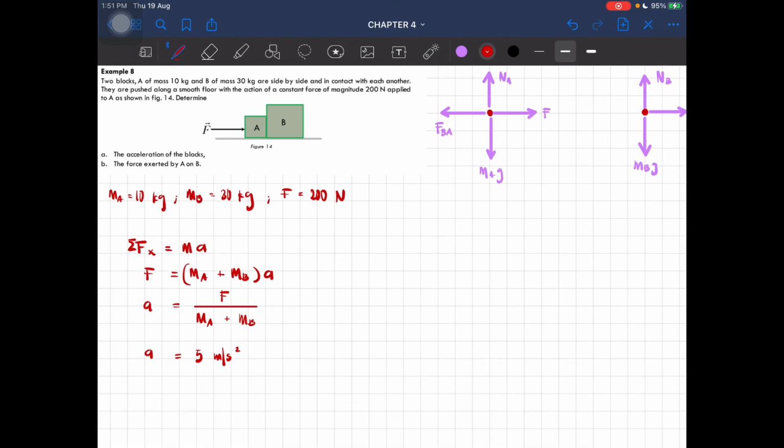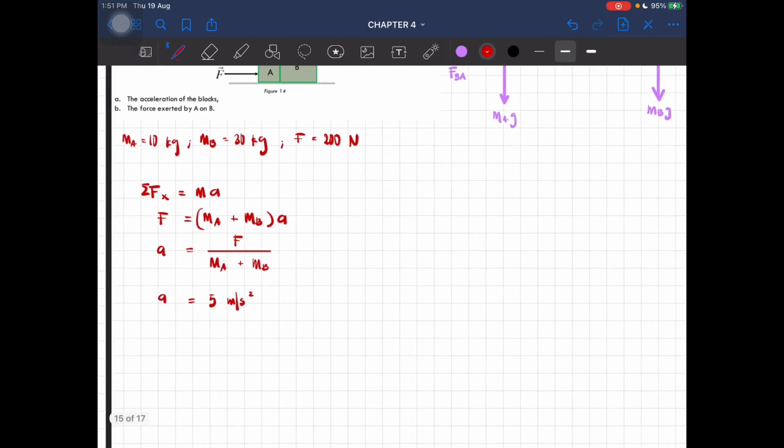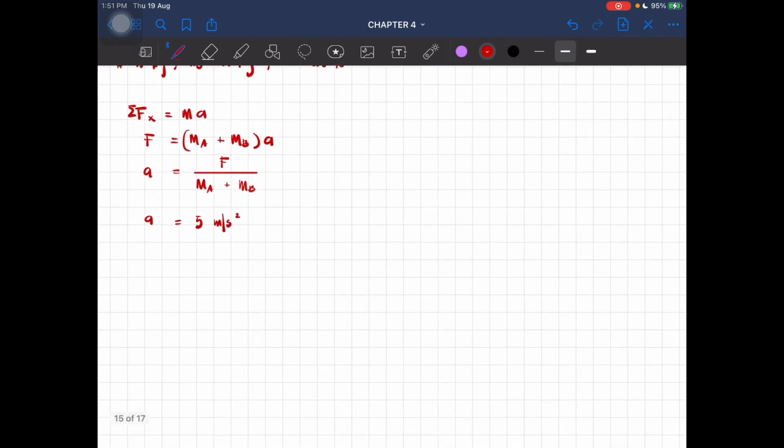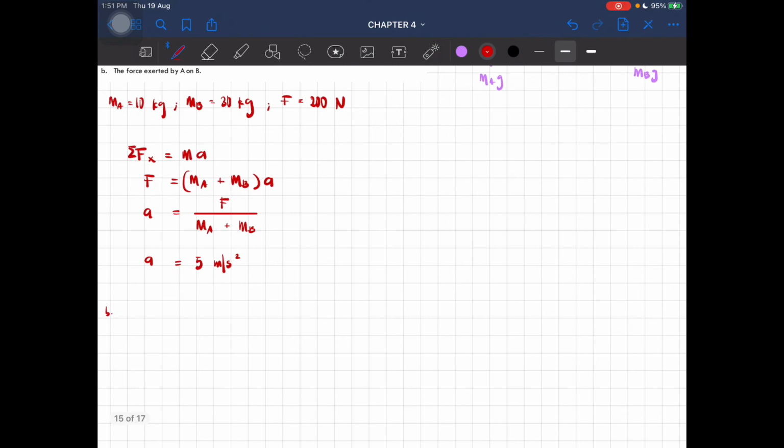Okay? Right, now final question, question B. We have to find the force exerted by A on B. For this, you can choose either object, just one. You can choose either this or this one. Okay, so let's try to do block A first. We try to do for block A, F net equal to mA a, right?